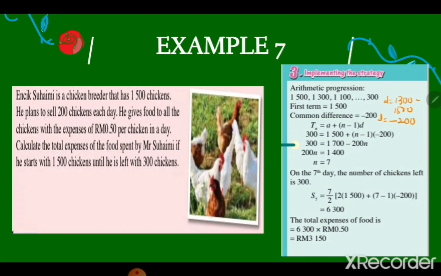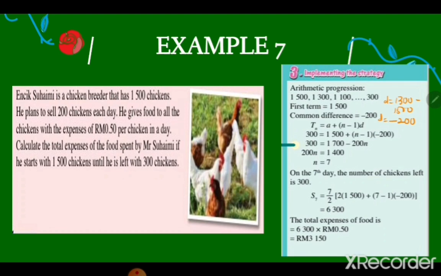So our common difference is negative. Okay, since Tn is used to find the number of days in which the last term is 300, our Tn should be 300, and then we solve the equation. Substitute the values of A and D, so we have n equals 7.